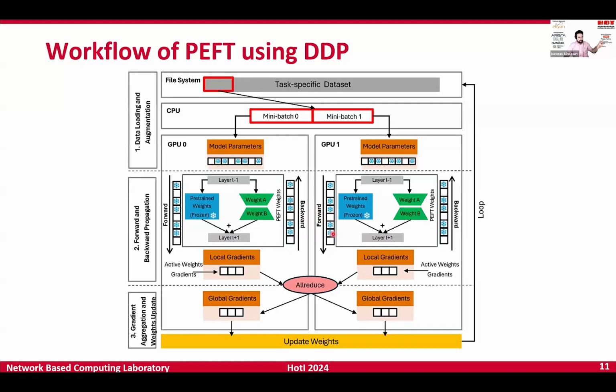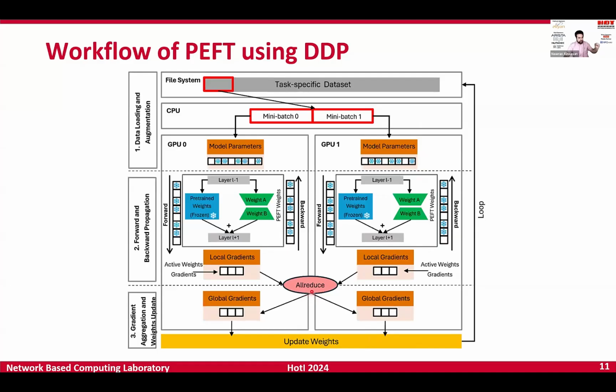And then on both GPUs, we'll end up with local gradients, so different gradients since each model replica is seeing different data samples. So to synchronize, we do an all-reduce operation. We accumulate these local gradients, and then we'll end up with global gradients on both GPUs. Only then we'll do the weight update and then proceed to the next iteration.